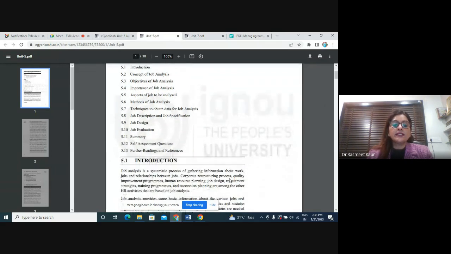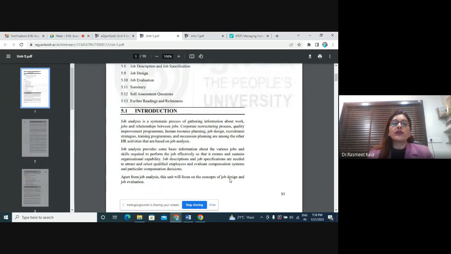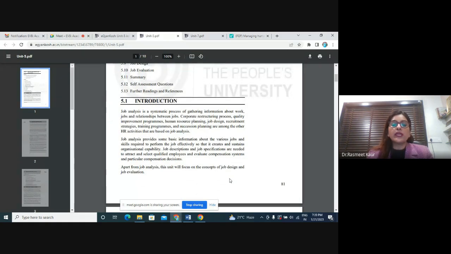Job analysis is to gather information in a systematic way about the job and the relationship between that particular job, how it is going to be connected with others. So you do HR planning, you make a job design, your all recruitment strategies are made after you do a proper and thorough job analysis.